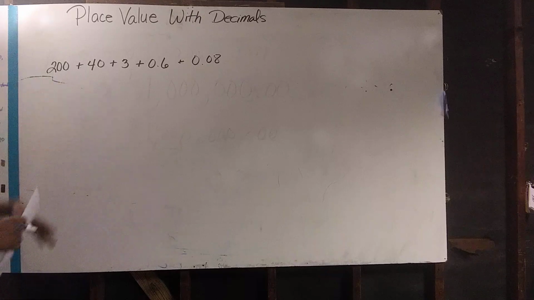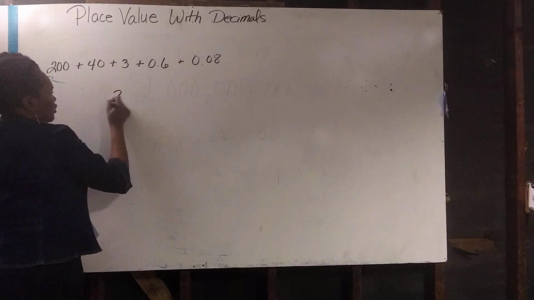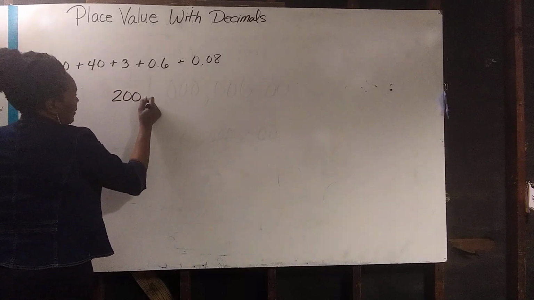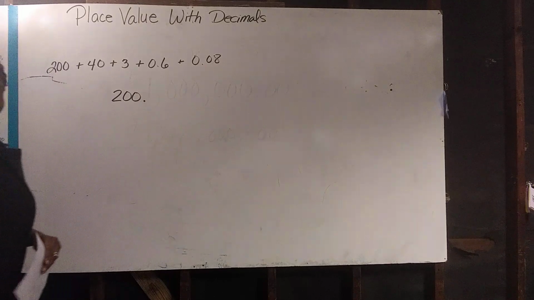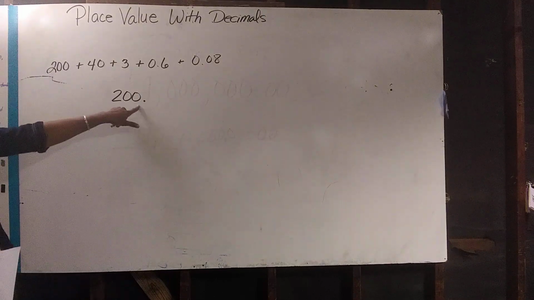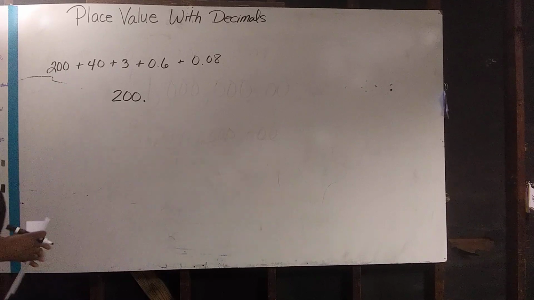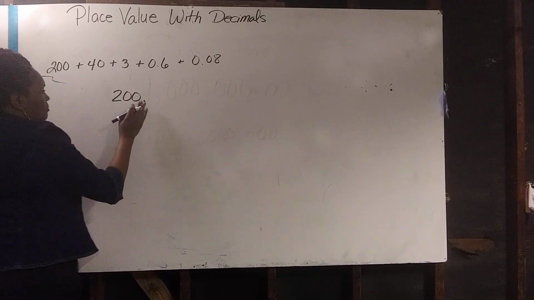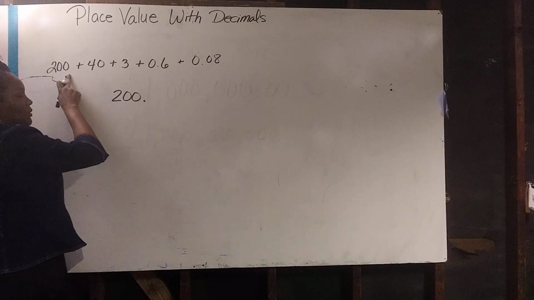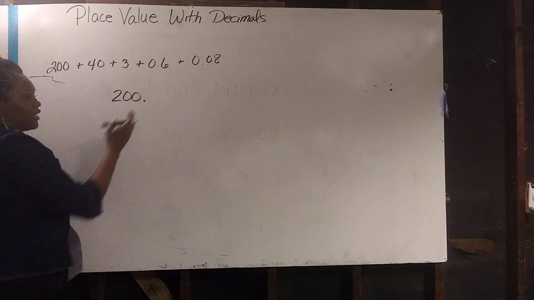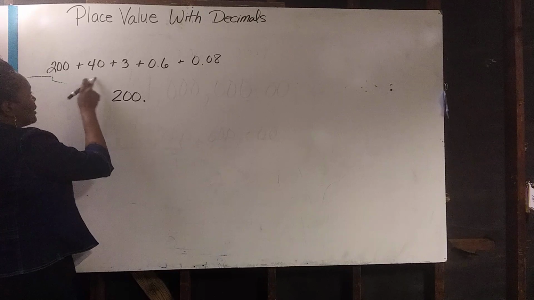I don't see a decimal. When I come down, I'm going to say 200, and then I'm going to put a decimal. So I will know that there's no decimal behind it. And if you want to, you can put zeros. But since it didn't show me a decimal, I'm going to put that decimal behind there. That way I know how to keep it lined up.